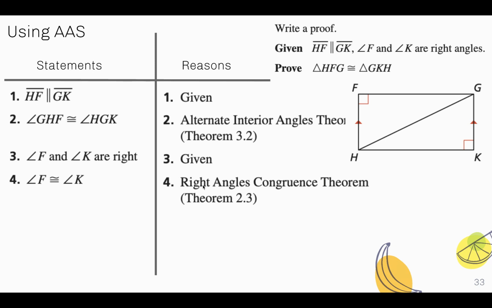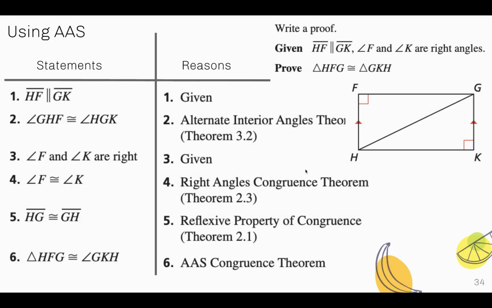You can write the name of the theorem, right angles congruence theorem. Or if you don't remember the name, because for some theorems the name really doesn't matter, you can just write what the theorem says. For this, you could just write all right angles are congruent. That's all you would have to write there. That's how I remember it, and that's what I prefer you guys to remember.